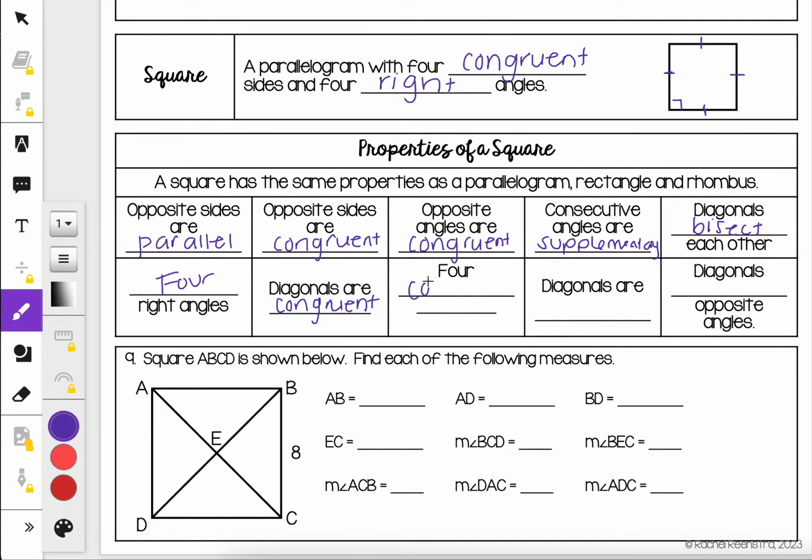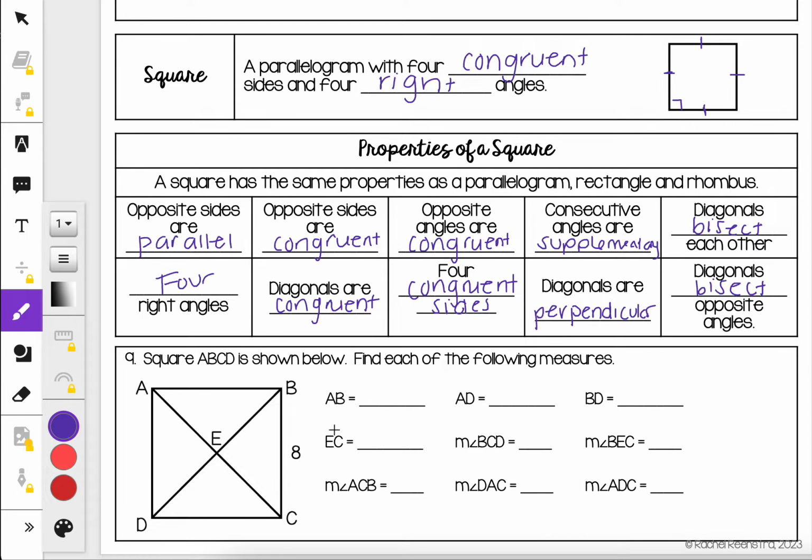Then we have 4 congruent sides. The diagonals are perpendicular. And the diagonals bisect opposite angles. So the top 5 properties were our properties of a parallelogram. The first 2 on that bottom row are our properties of a rectangle, and these last 3 are the properties of a rhombus, which we've just talked about.